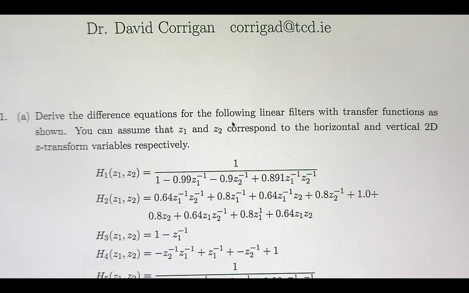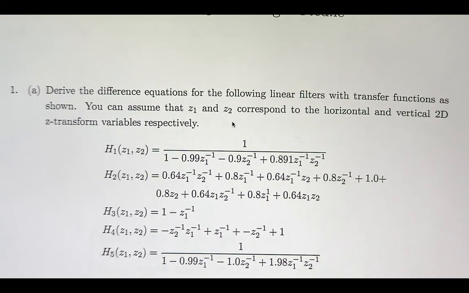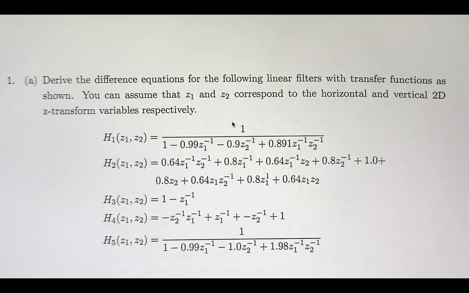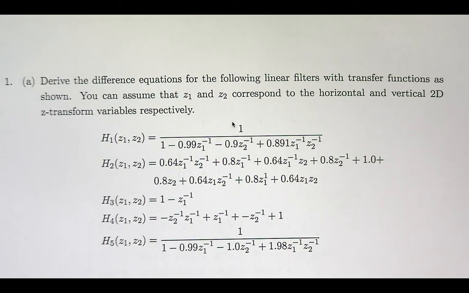Okay, so this first exercise is based really on the Z transform. If you look back at your lecture notes, there will be the transforms. That would be the first part of handout 4, I think.